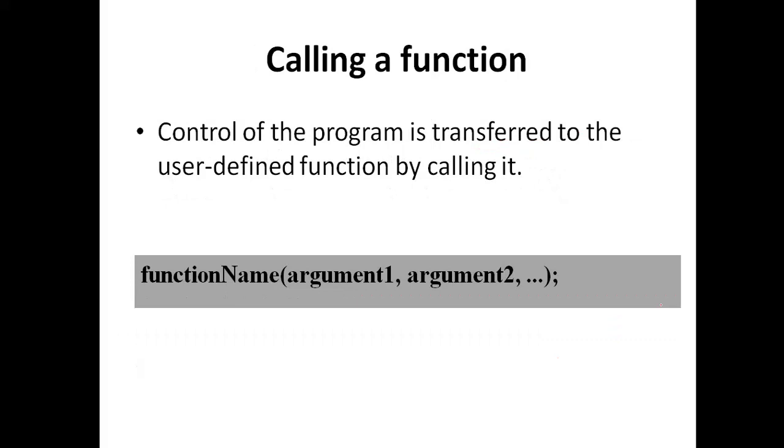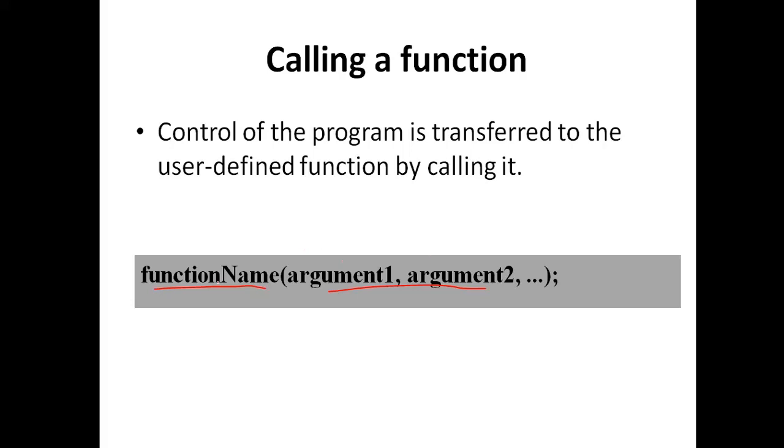Next let us look at calling of a function. You have declared a function, then you have to call the function somewhere. Only if you call it is the function usable. For calling, we give the name of the function followed by arguments. These arguments are usually variables, but they need not be only variables, they can be constants also.